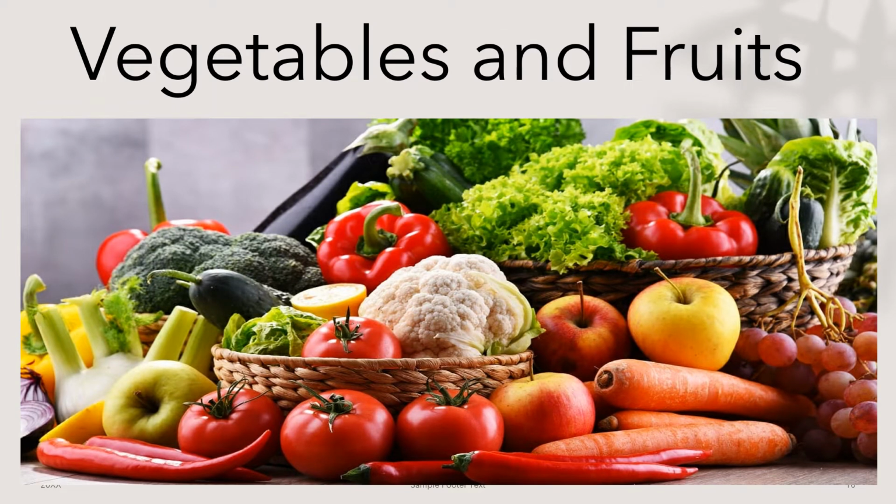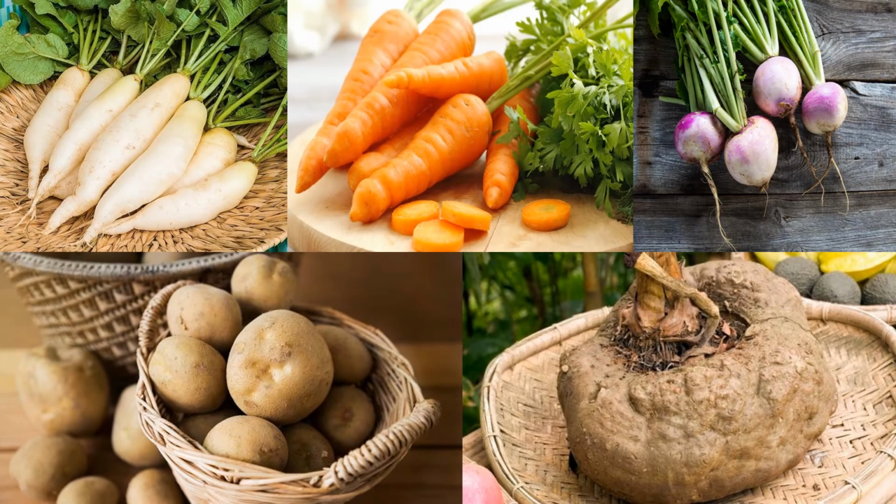Vegetables and fruits. Plants provide us with different types of vegetables and fruits. We use different parts of a plant as vegetables. The first three pictures are the roots of some plants like radish, carrot and turnip.